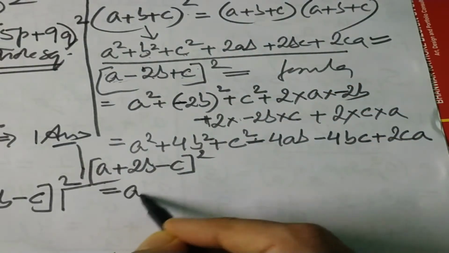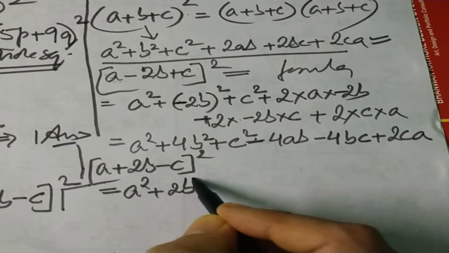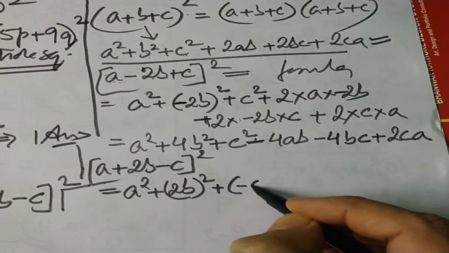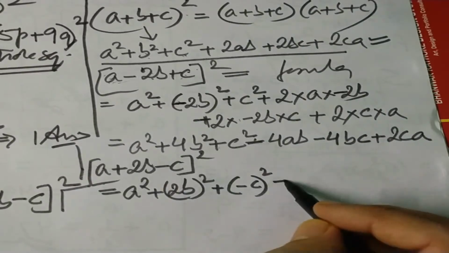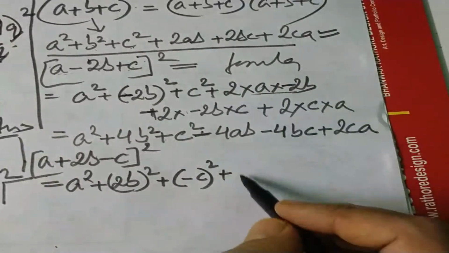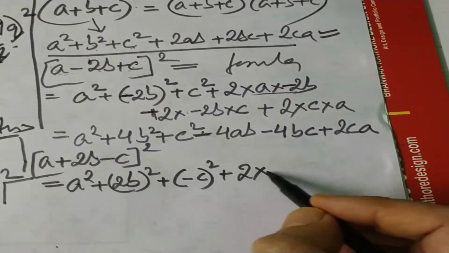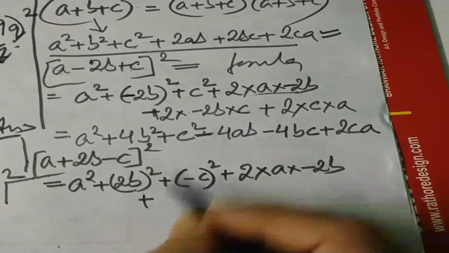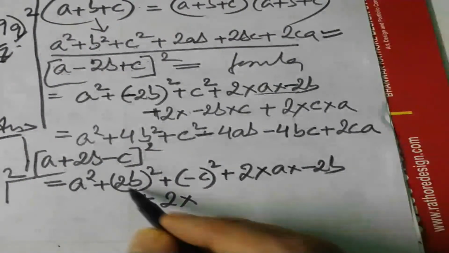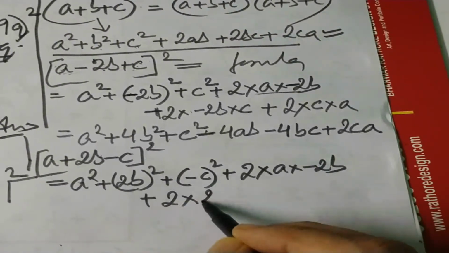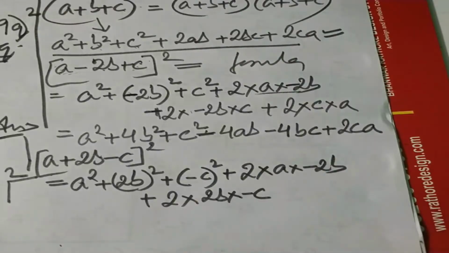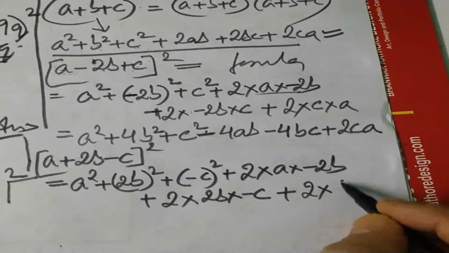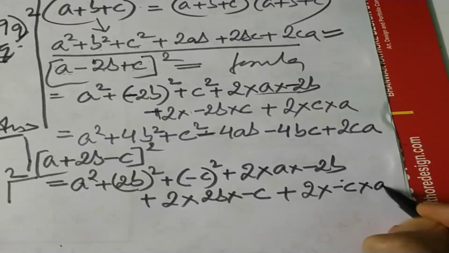So it will become a square plus b square, c square the same, and since c is minus c, I have written it inside. Now plus, like I was doing 2ab, here also I will do 2 into a into b, then 2bc, which is 2 into 2b into c, plus 2 into c into a, so minus c into a.